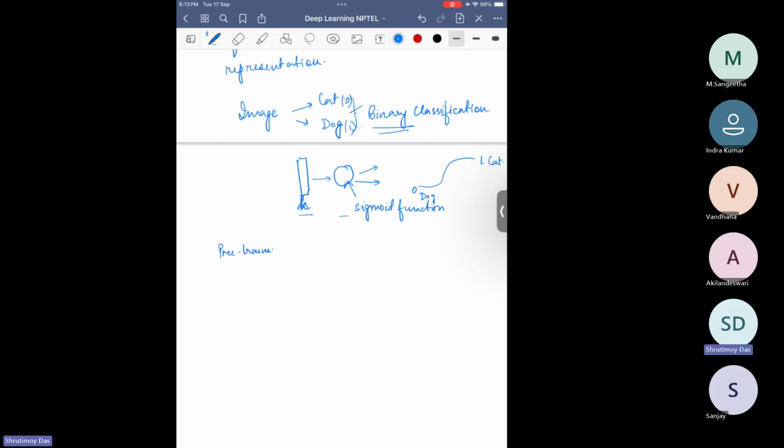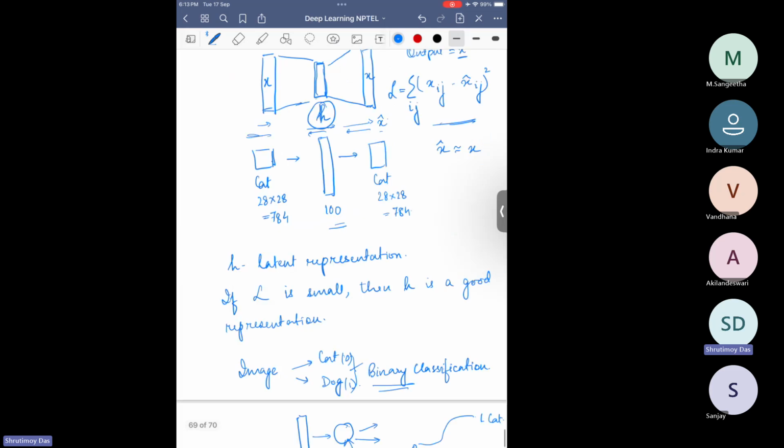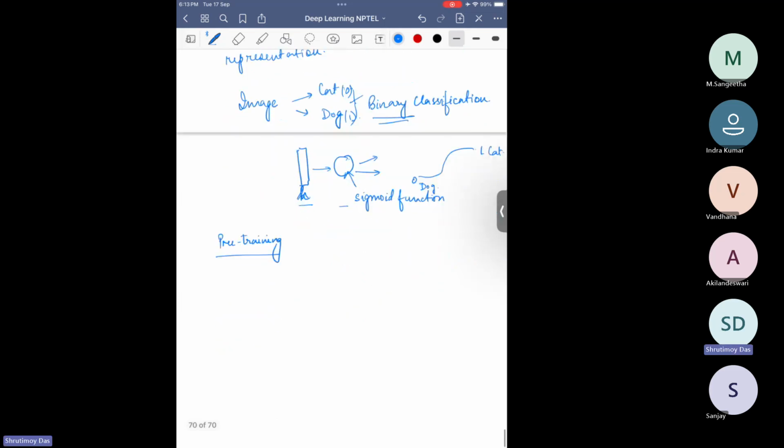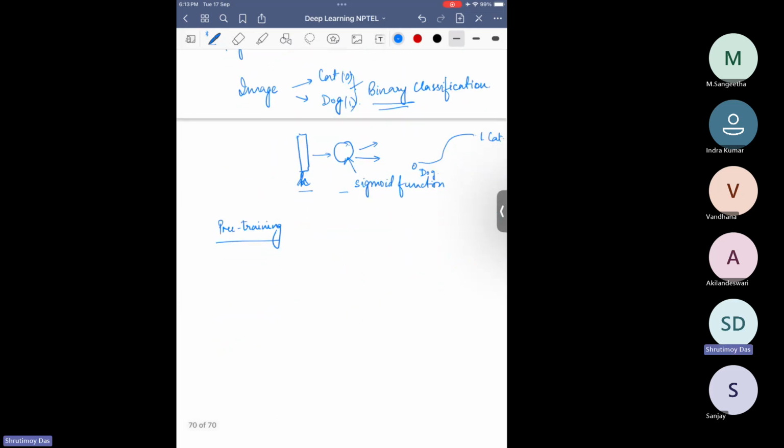So what they did was, we saw that for autoencoders, using the same input as the target, you can learn a good representation of the input. So suppose you have a network with many hidden layers, right? And I want to learn the best hidden layer possible.